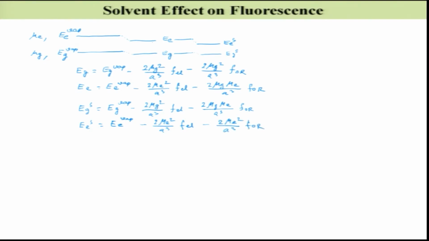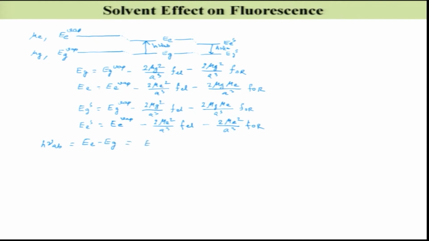So, what we can do, if we take E E minus E G, that will be my absorption spectra of that particular solute in that particular solvent, and E E S minus E G S is my emission spectra. So, I can write h nu absorption and h nu emission. The h nu absorption is equal to E E minus E G, and that we have already seen.